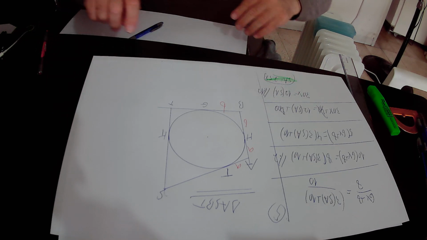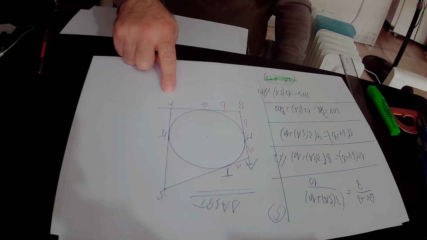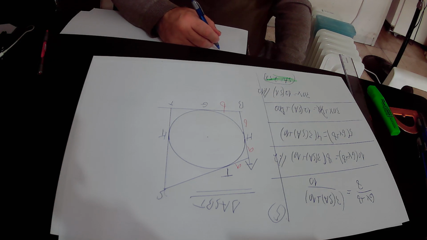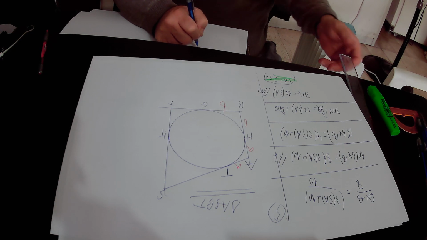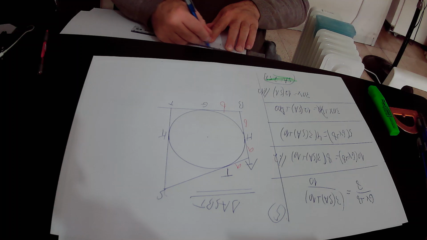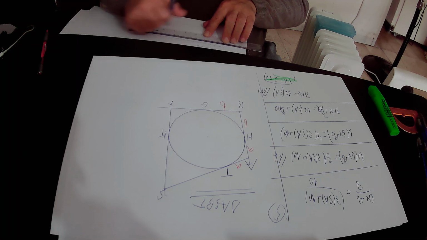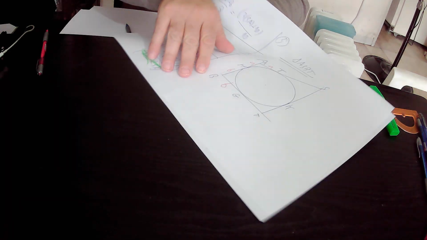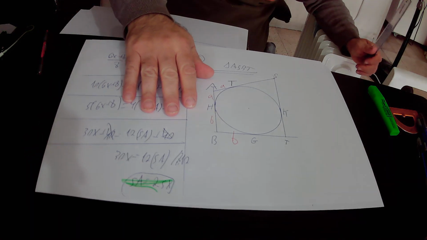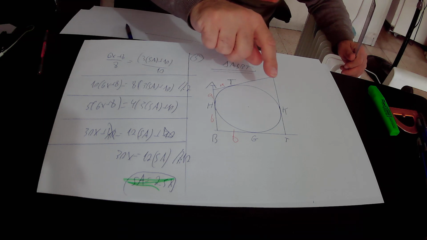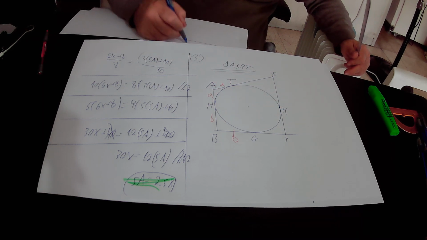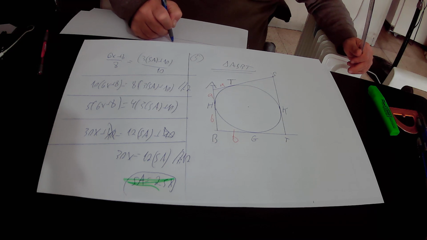In the next step, we will focus on the common standpoint point T. From the common standpoint point T, we have two tangents to this circle, tangent TG and tangent TK.